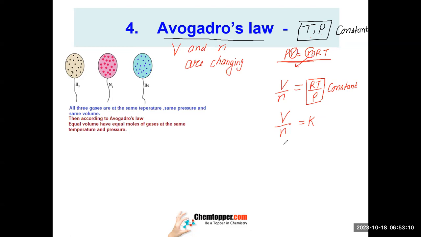When the amount is n1, volume is V1, and V1 over n1 is K. When the amount is n2, volume is V2, that is also equal to K. So what's the mathematical form? Is it right?